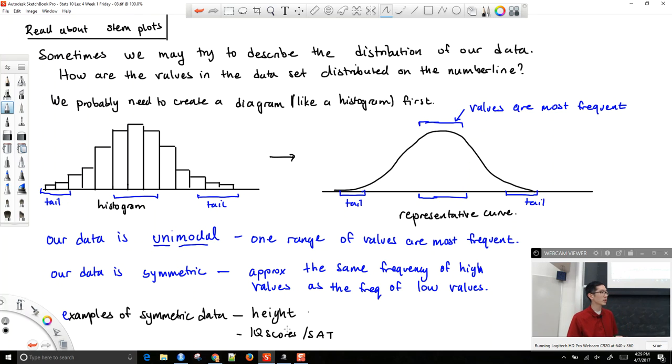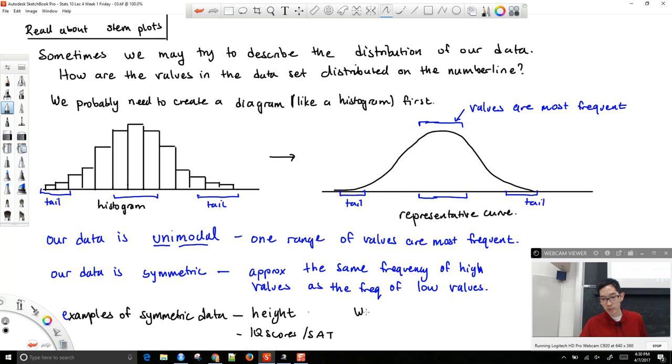Some people have very high heights or high SAT or high IQ scores. Some people have lower heights, or low IQ scores or low SAT scores. And we expect approximately the same number of people that are very high as we do the people who are very low. We expect the extreme high and the extreme low to appear in approximately the same frequency.